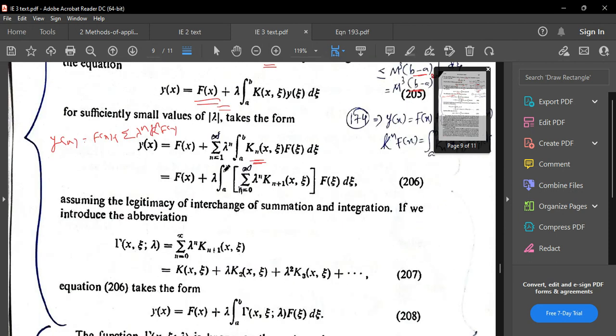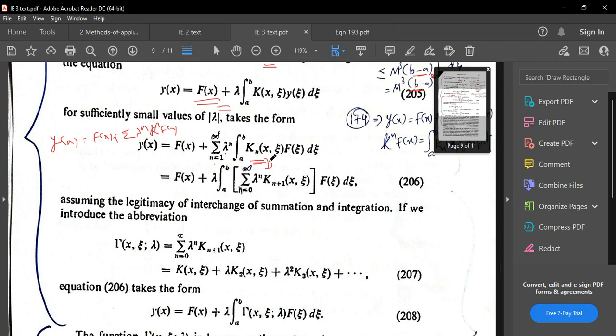You know that this is the sum over n from 1 to infinity of lambda raised to n. So this can be summarized as n from 0 to infinity, and the summation can be taken inside this integral. What happens when n is equal to 0? n equal to 0 means lambda raised to 0 into K1, that is lambda raised to 0 into lambda into K1. That is lambda K1. Here, when n is equal to 1, lambda K1.